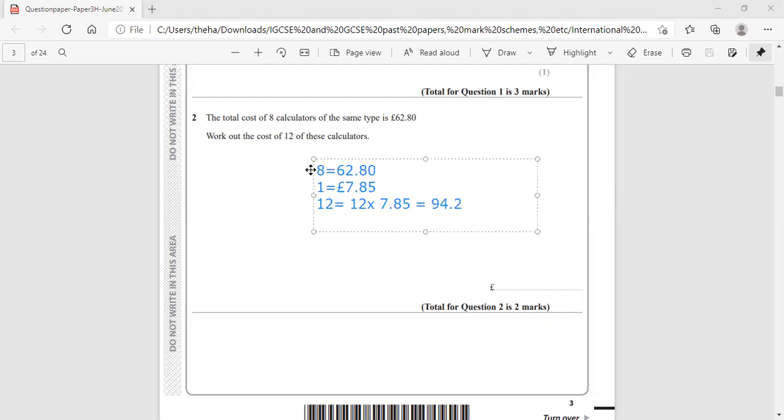So we need to write it as £94.20p. So the answer is 94.20, and they already write the pound sign for us. So that's question 2, and that's 2 more marks. So let's go on to question 3.